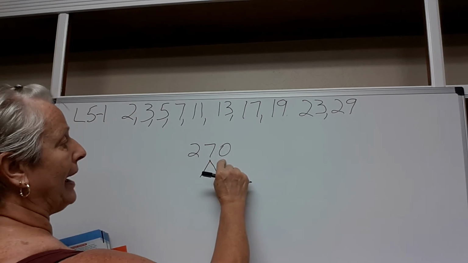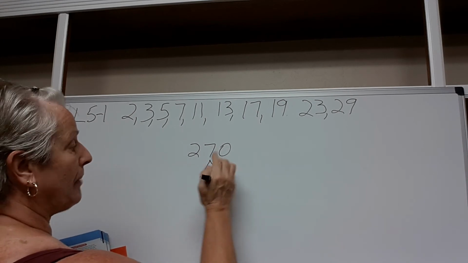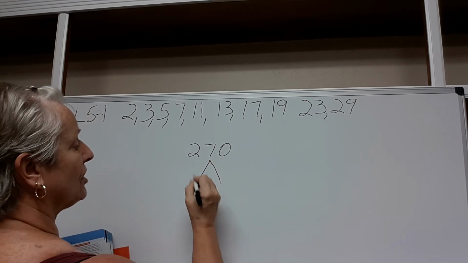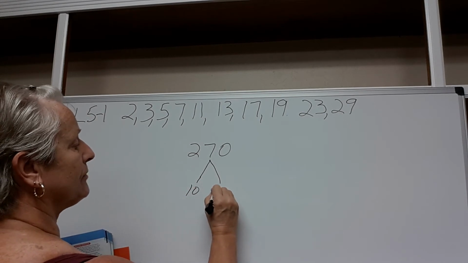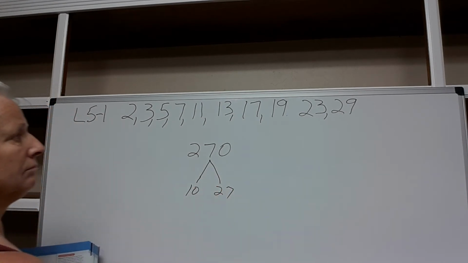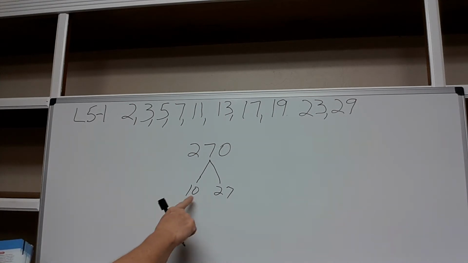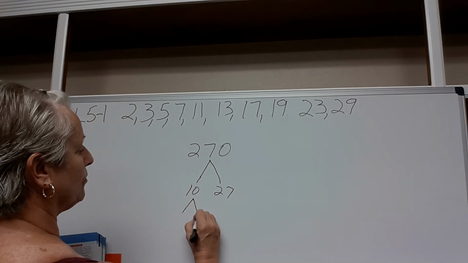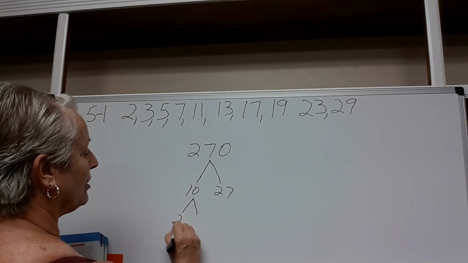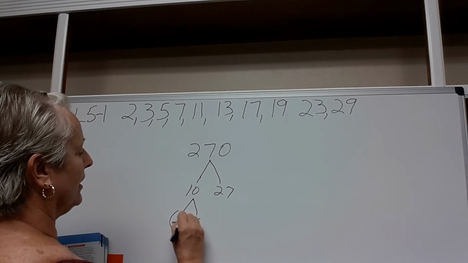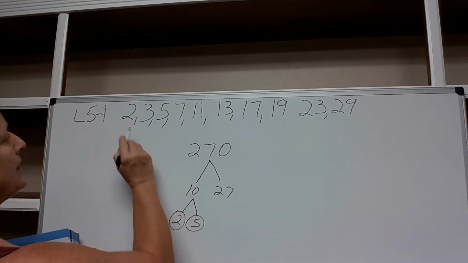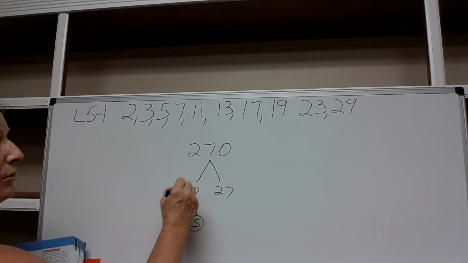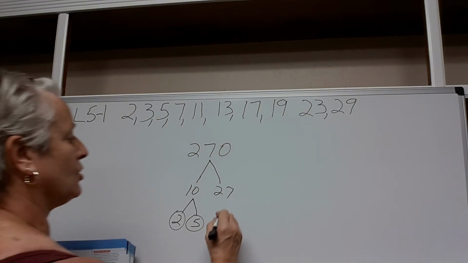It's divisible by 5, and it's divisible by 10. Okay, so let's do 10 times 27. Okay, 10 times 27 is 270. Neither of those are prime, so we're going to branch off of our 10. We're going to make him 2 times 5. Both of these are prime numbers, so we don't go any further than that.